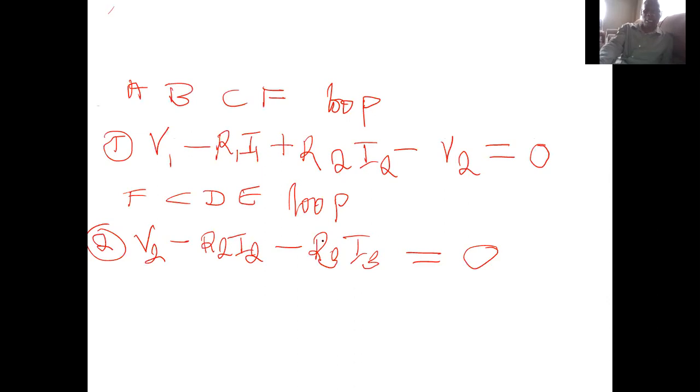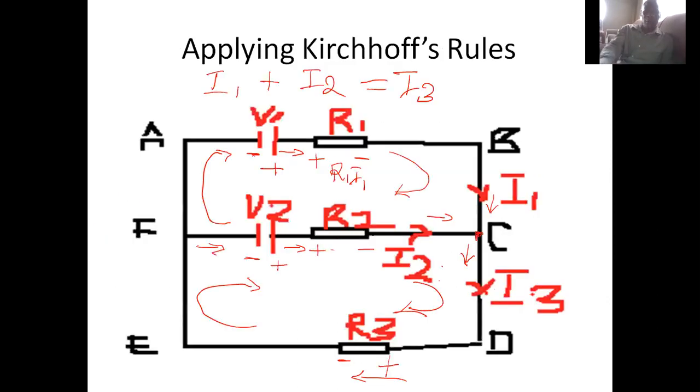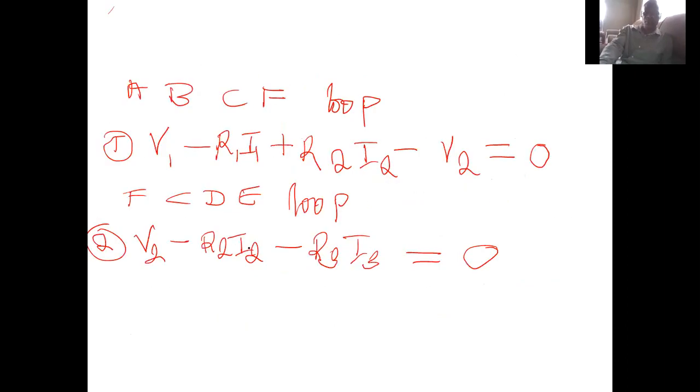What it means is that, for example, here we were moving from negative to positive, and therefore this one becomes positive V2.